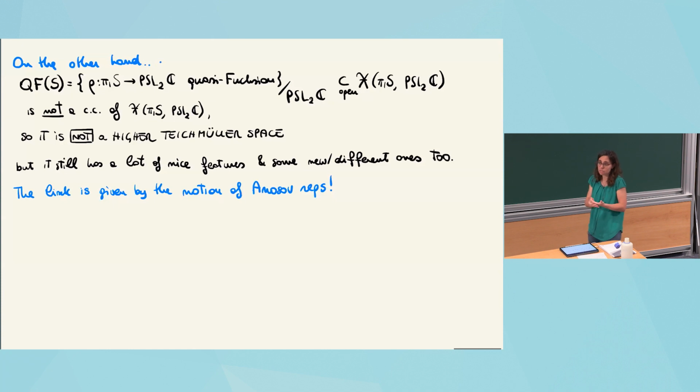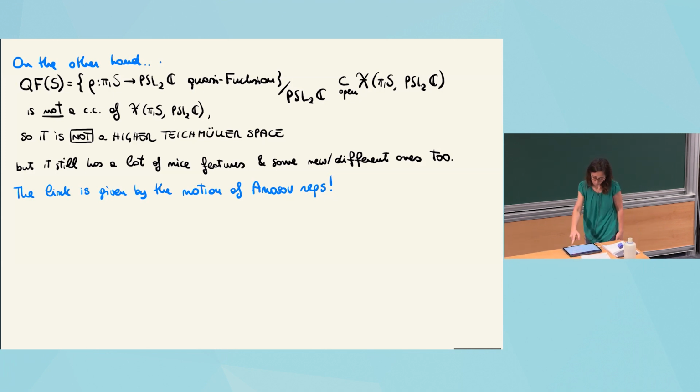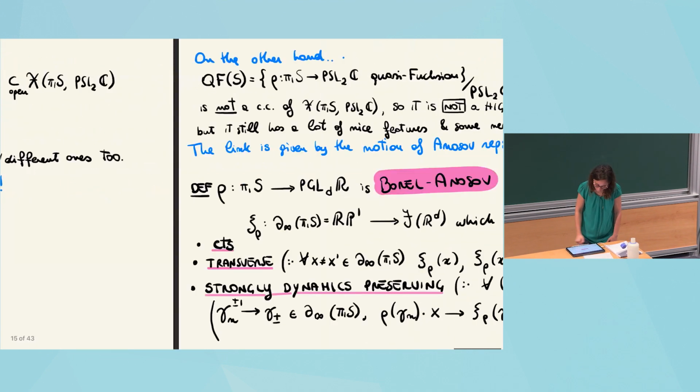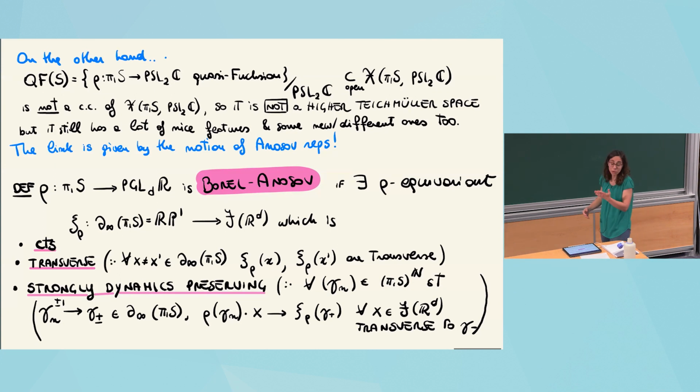And the link is this notion of Anosov representation. We want to use the notion of Anosov representation to detect what I call nice representations of the character variety. And again, now you're all experts. Thanks to Eve, who did such a good job. I wrote the definition in one particular setting, and then we will see a comment on how it generalizes.